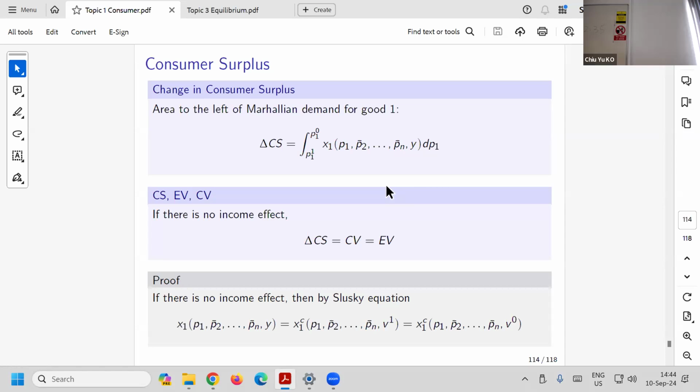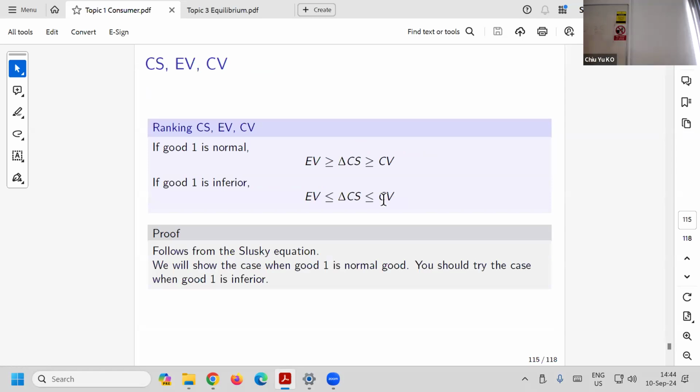But if there is an income effect, it depends on whether your good is a normal good or an inferior good. If normal good, EV is bigger than CV, and CS is in the middle. If inferior good, it would be reversed. Remember, normal good means the income effect is positive; inferior good, income effect negative. The proof is from the Slutsky equation, or you can draw a graph. I'm not going to talk about those because I guess none of you are actually going to differentiate that.